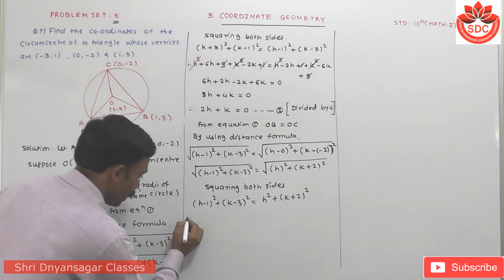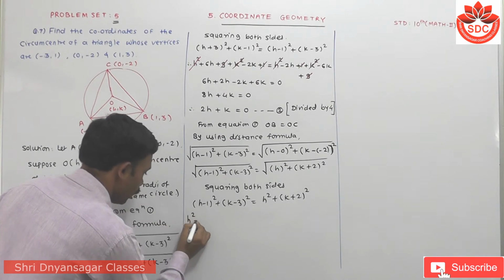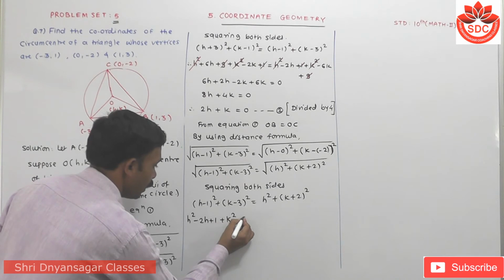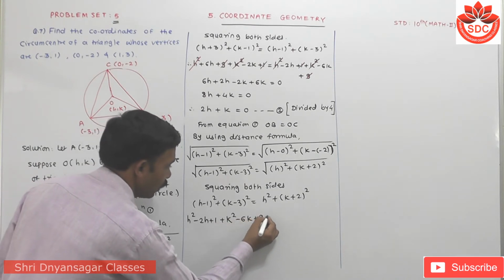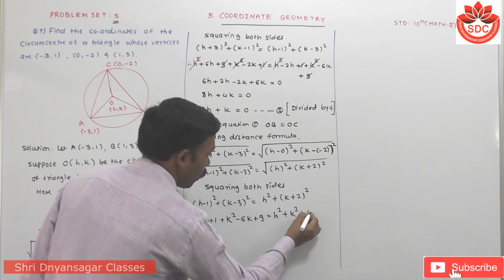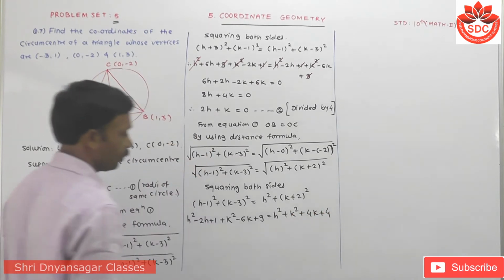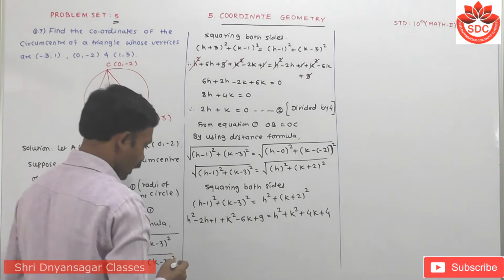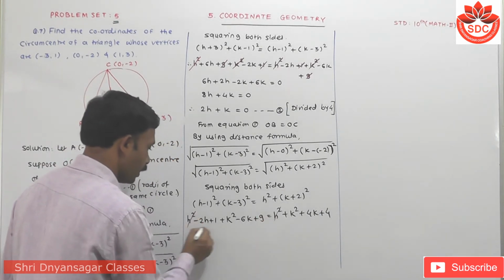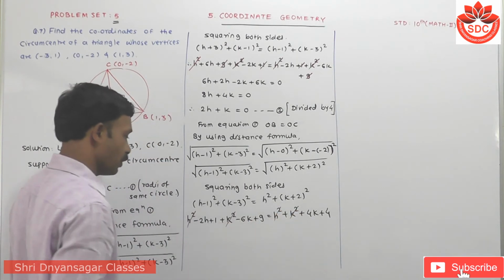Squaring properly we get, by using the identity, h square minus twice h plus 1 plus k square minus 6k plus 9 is equal to h square plus k square plus 4k plus 4. On the equal side, same signs and same values are present, so they get cancelled. h square gets cancelled, k square gets cancelled.